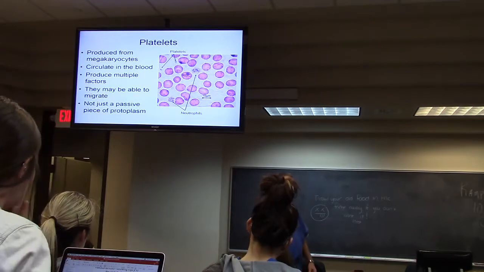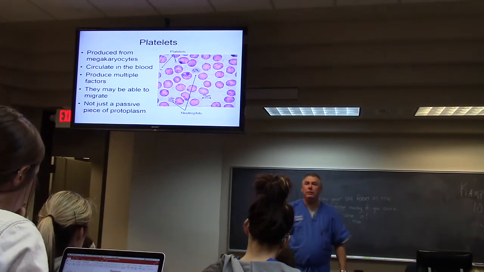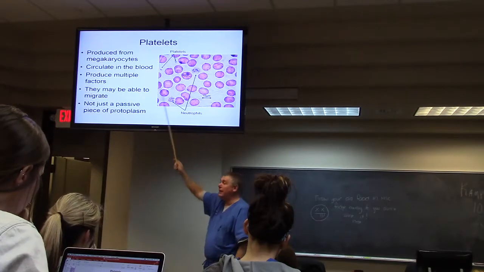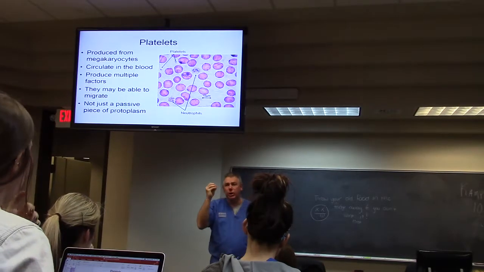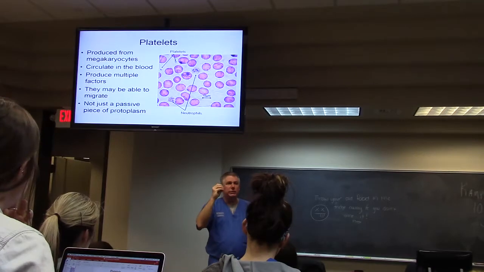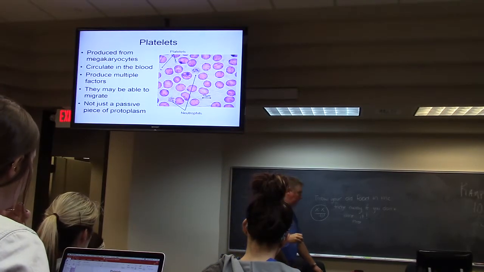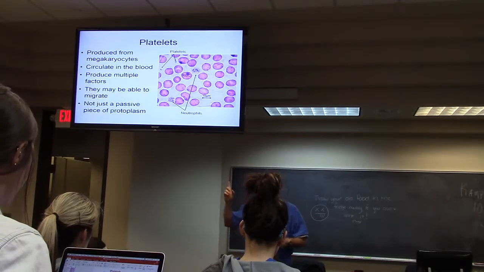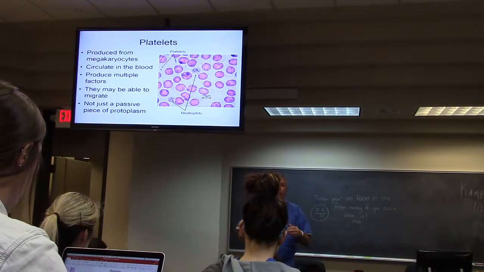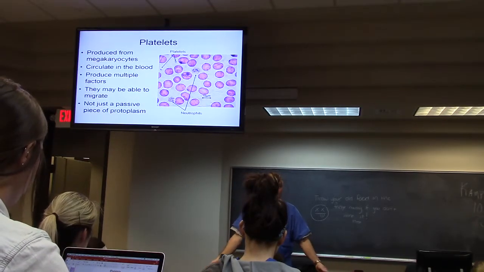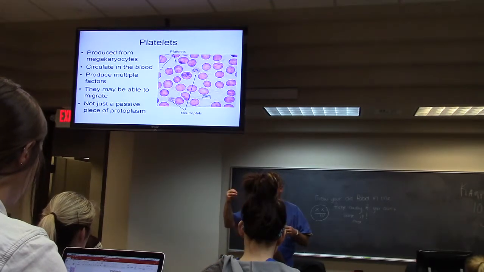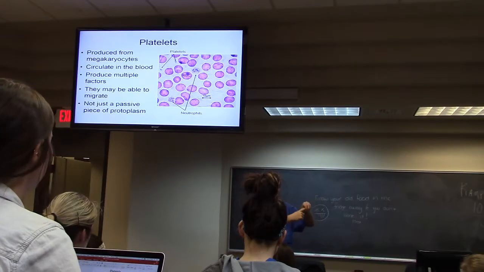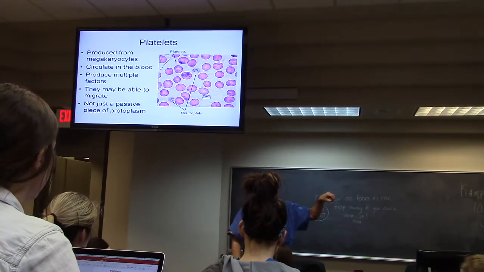All right, platelets. We mentioned platelets before. I showed you a slide showing you the little platelets. They're actually little pieces, little chunks of a cell called a megakaryocyte. The megakaryocyte is this huge cell that's probably about 10, 15 times bigger than an RBC. They're located only in the bone marrow. And they bud off little pieces of their plasma membrane containing whatever was in the cytoplasm.